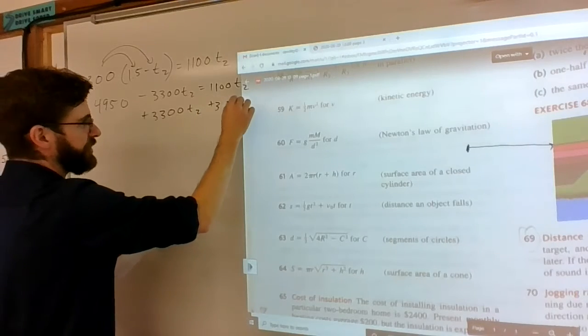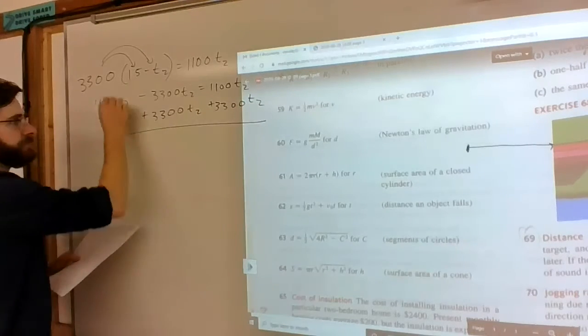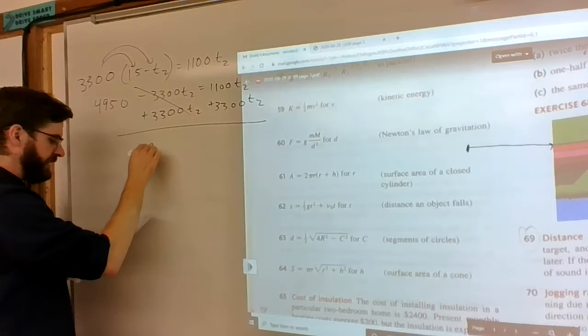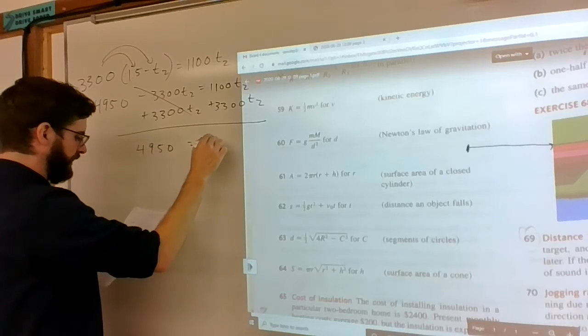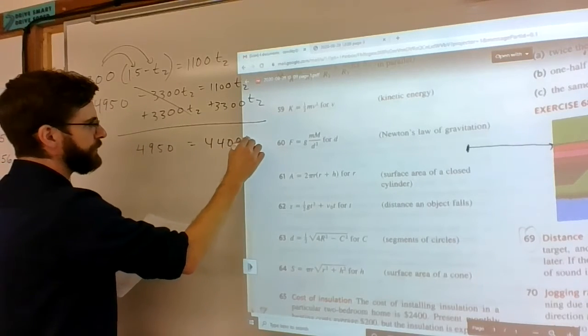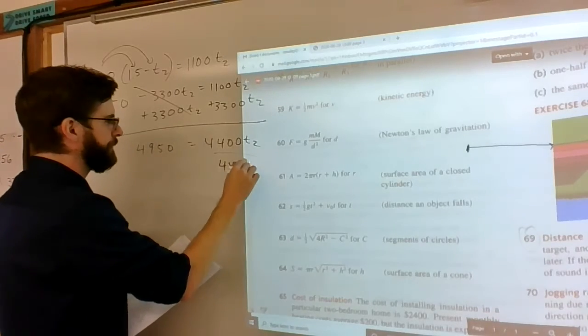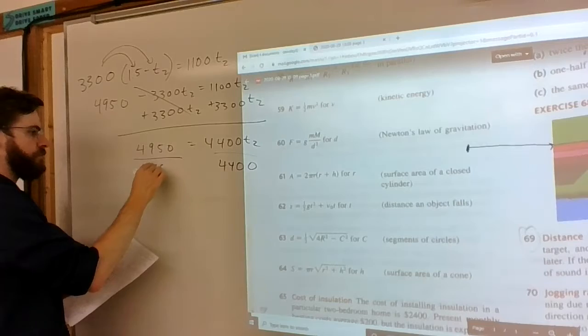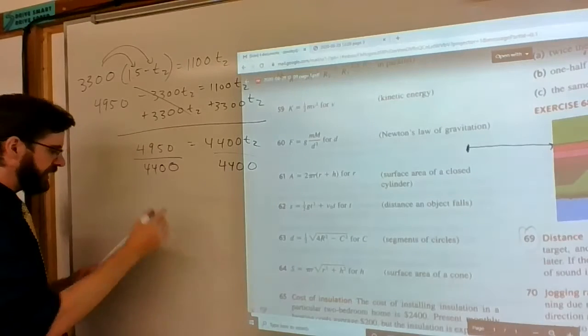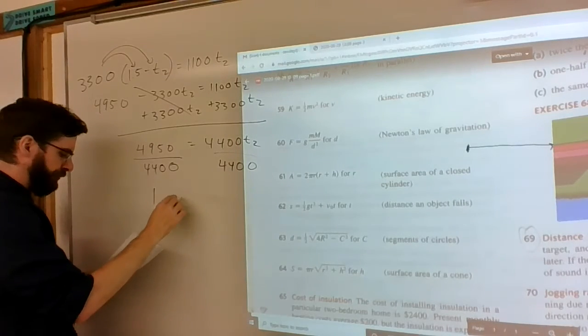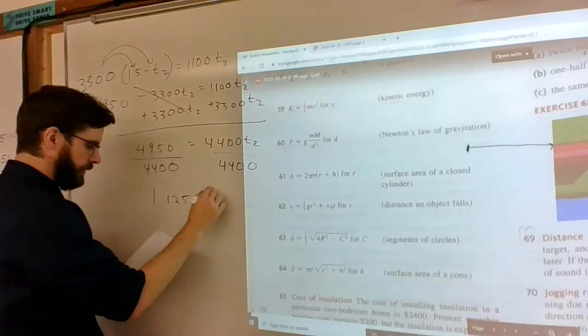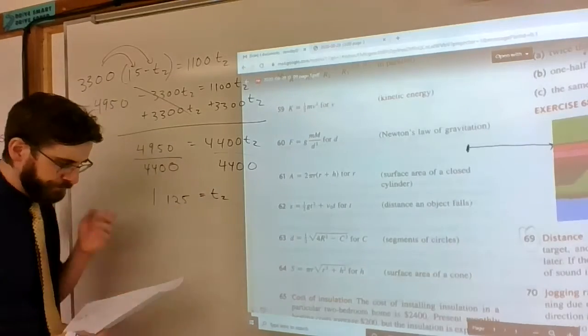Again, we're just solving an equation. You get 4,950 is equal to 4,400 T2. Get T2 by itself. You divide by 4,400. You get 1.125 or 1 1/8 for time 2.